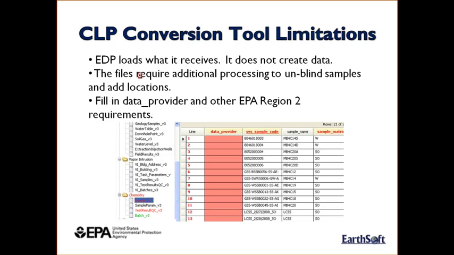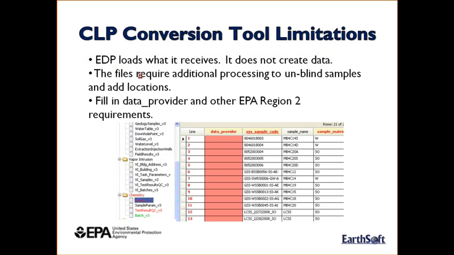So again, the conversion tool will load what it receives. It does not create data. It cannot create data. Okay, so if there is no data provider, then there will be no data provider when we translate that information into the EPA Region 2 format.